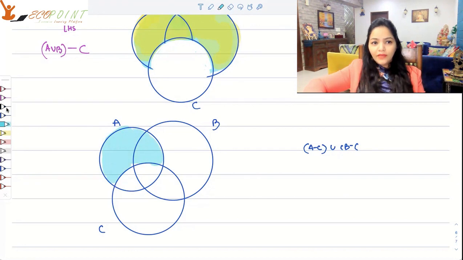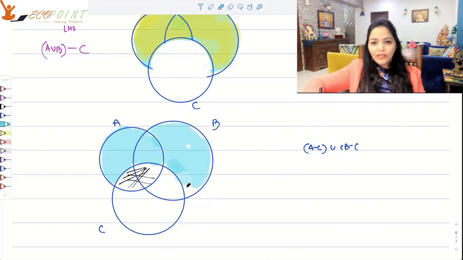And I have left the portion which is in C as well. So this has been taken out from A. That's A minus C.